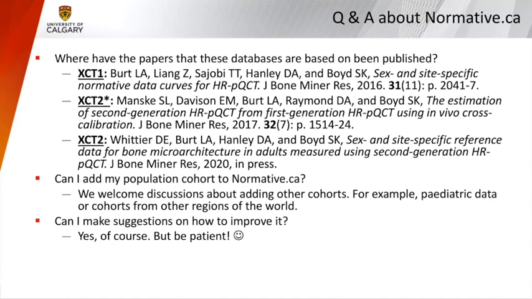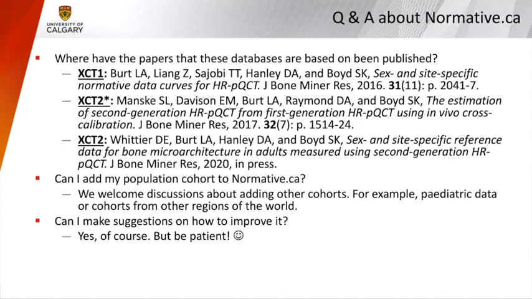And that was in 2017 in JBMR as well. And then most recently, it's still in press, but the paper with the second generation cohort has been published. So right now we've got 3 options. Quite honestly, you shouldn't be using the XT2 star, the estimated XtremeCT2. You should be using the real one, XCT2. But we've kept all 3 there for now for posterity.